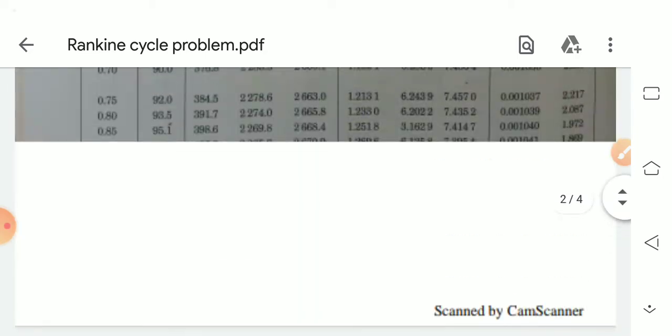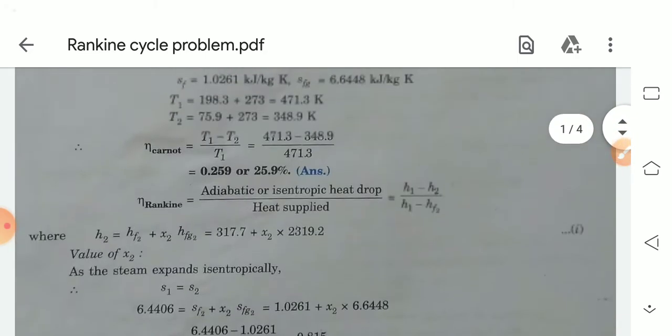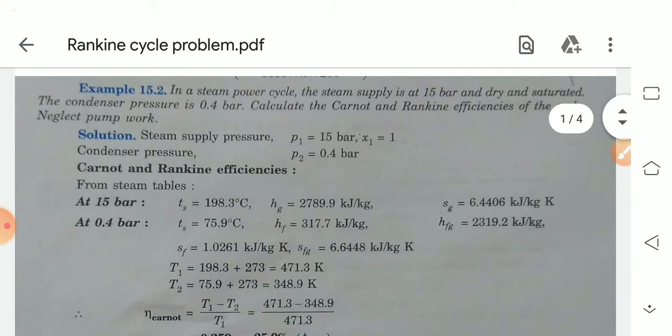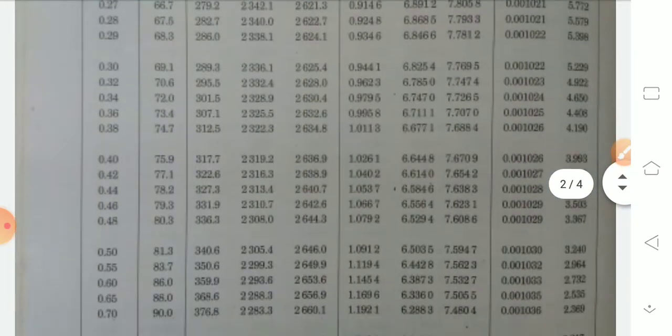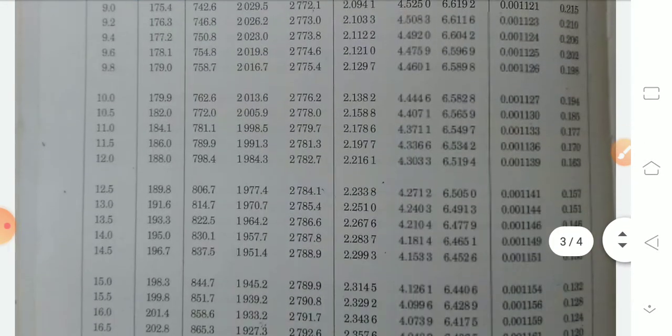So here I am going to use the steam table at 15 bar. So you can find out Hf, Hg, Sg. So here I am using the steam table at 15 bar.